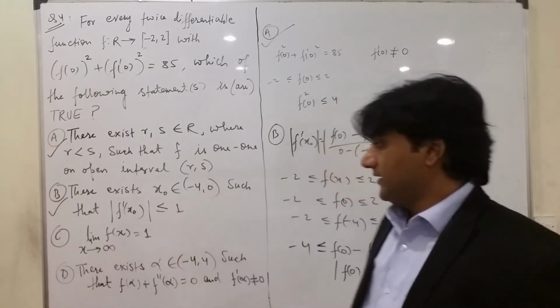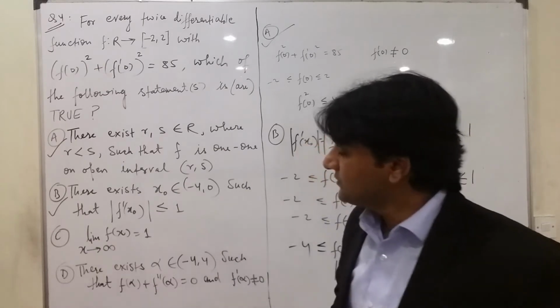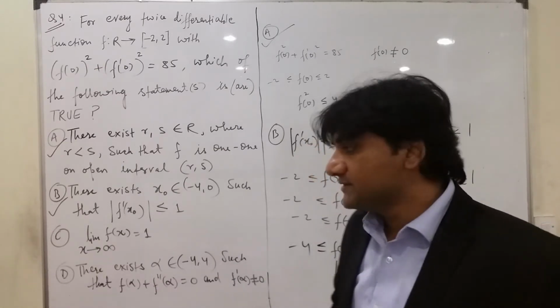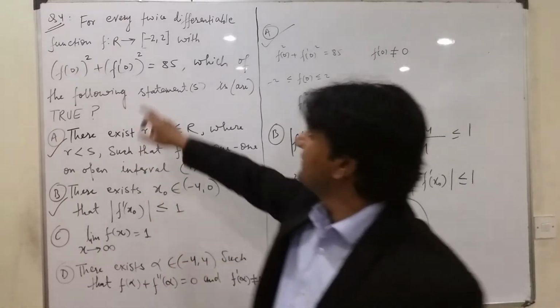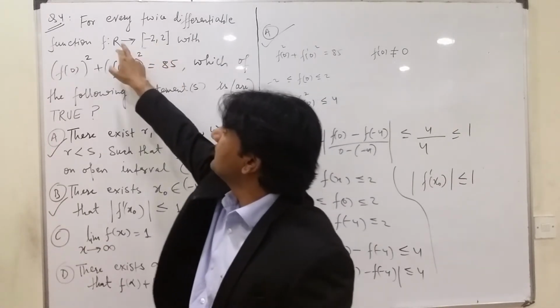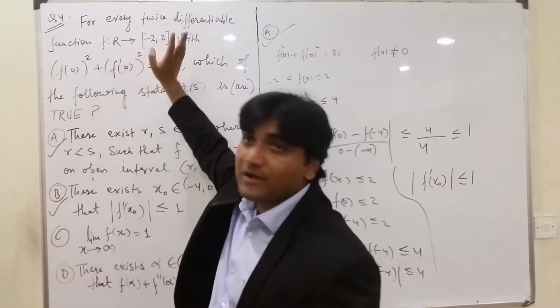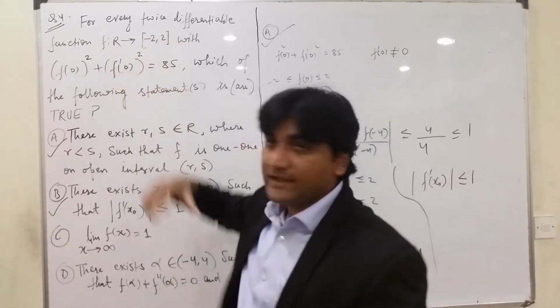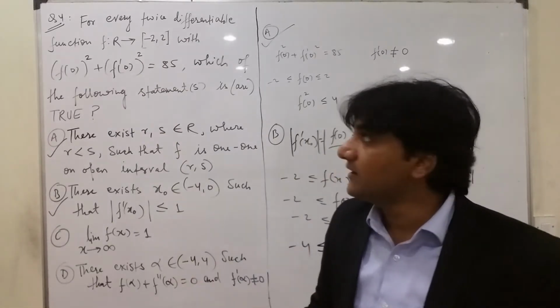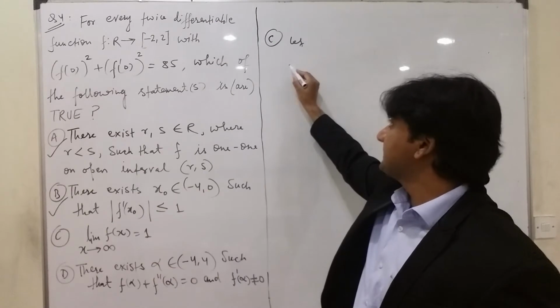So this type of question we are doing by some assumption. We will assume some function so that this condition will be satisfied as well as the other condition. I mean, the domain would be all real numbers and the codomain will be -2 to 2.